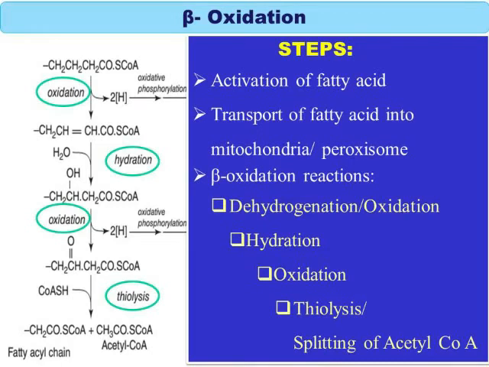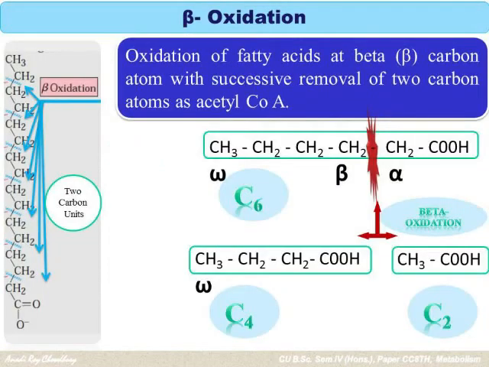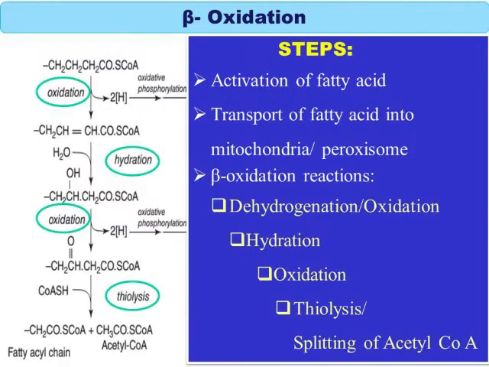Fatty acyl-CoA within the inner mitochondrial matrix undergoes only 4 steps to produce the 2 carbon unit acetyl-CoA: oxidation, hydration, oxidation and thiolysis.